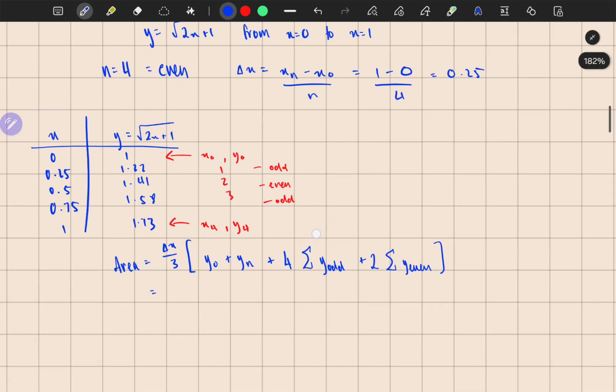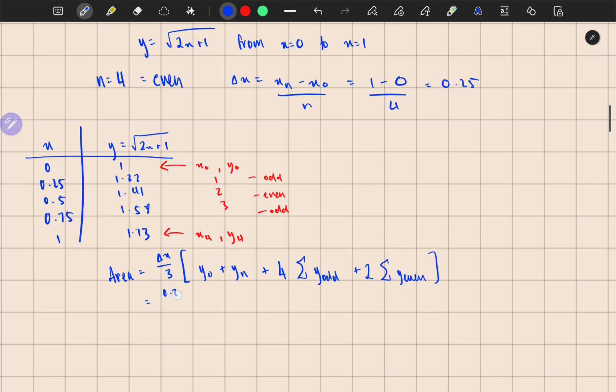So delta x, as we explained before, is equal to 0.25 because we chose to divide into 4 equal regions, and it's an even number, so it works out, divided by 3, multiplied by the first y value, which is 1, plus the last y value, which is 1.73, plus 4 times the sum of all of the odd numbers.